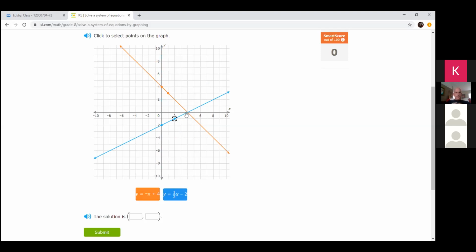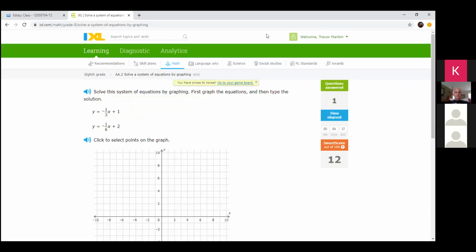What is that point? What is the x value at that point? 4. And what's the y value there? 0. Okay, thank you.